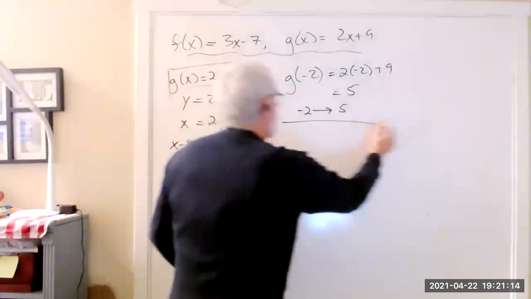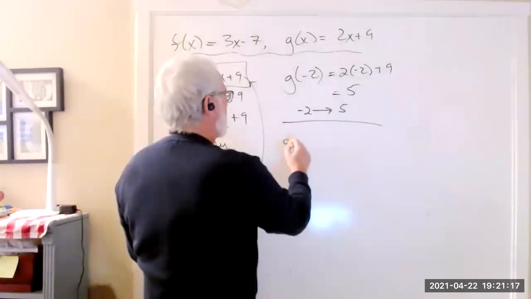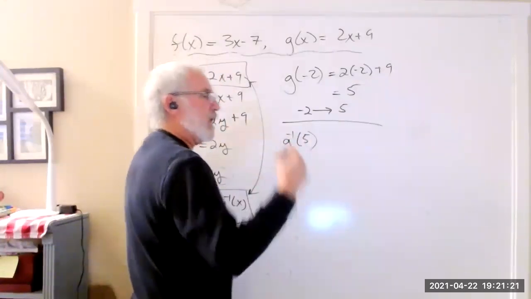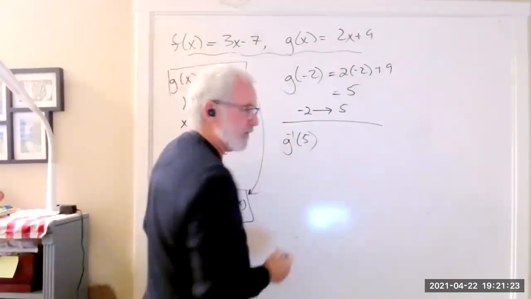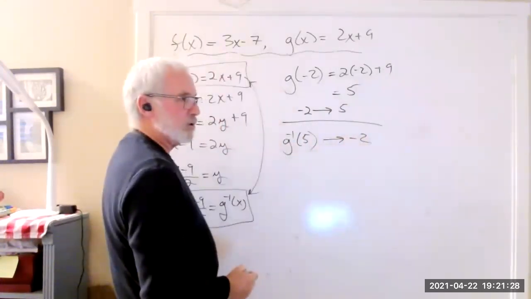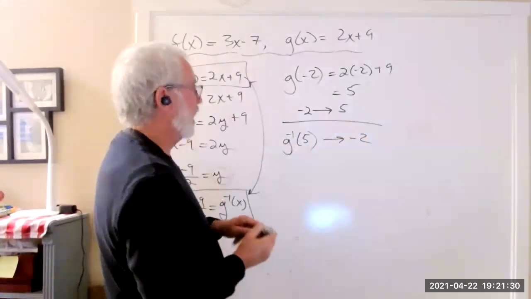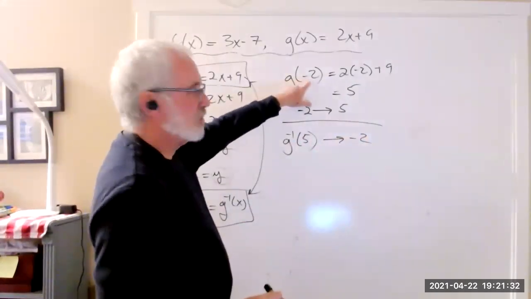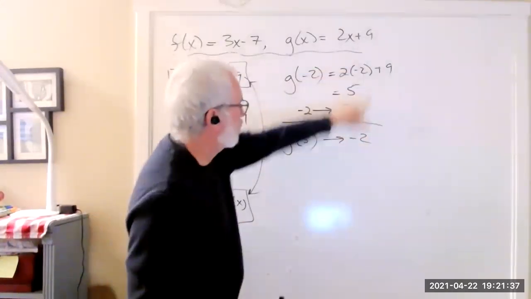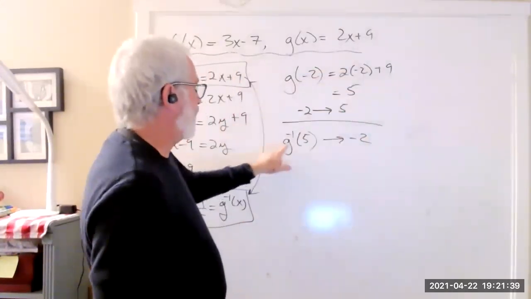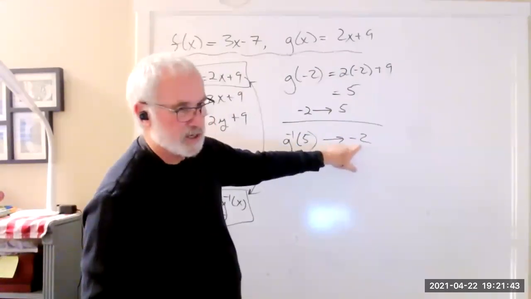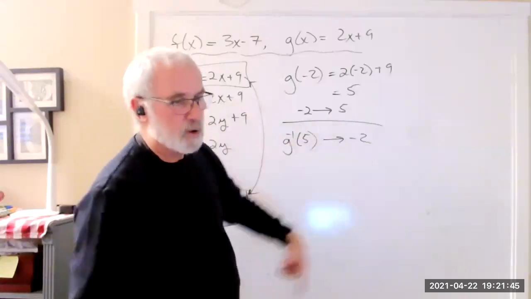Okay, so what's supposed to happen if we take G inverse of 5? If life is good and I haven't screwed up, it should change it back to a -2. Okay, G changes -2 into a 5, according to the rule that we had here. So G inverse should take 5 and change it into a -2. That's what's supposed to happen.